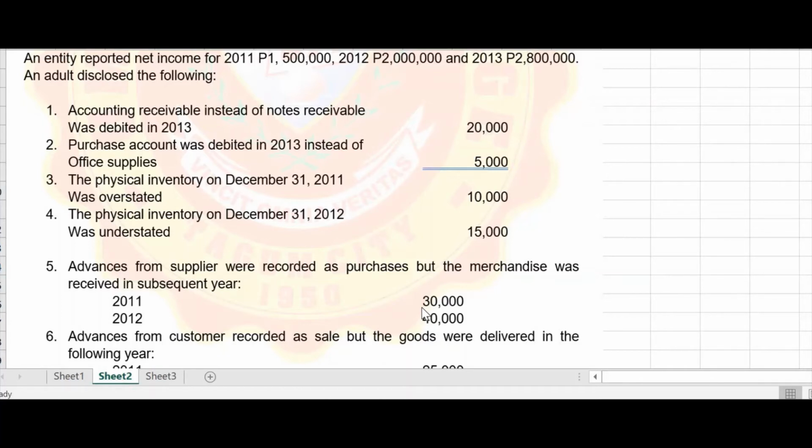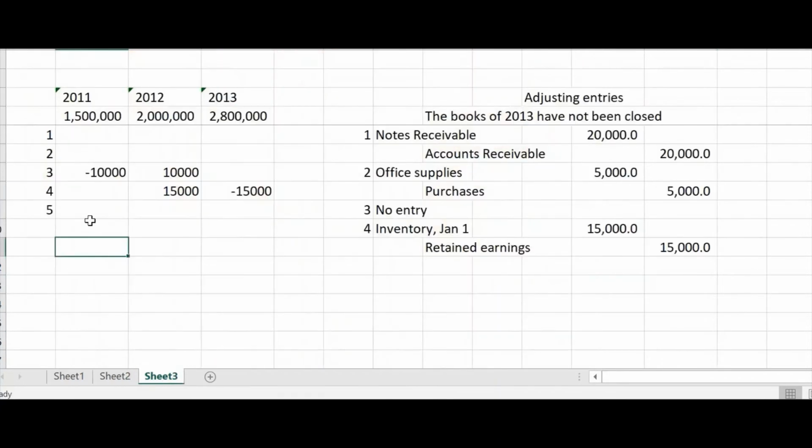So, yung effect niya, yung error natin, so for 2011, yung purchases mo is overstated, so overstated yung COGS. So, that would mean na mag-understate yung net income mo by 30,000. Then, since this is a counterbalancing error, yung effect niya is mag-overstate yung net income for 2012. So, bakit mag-overstate?